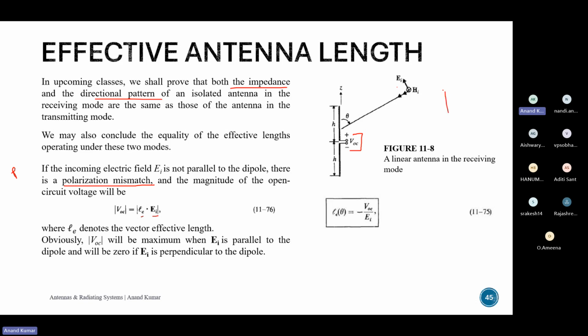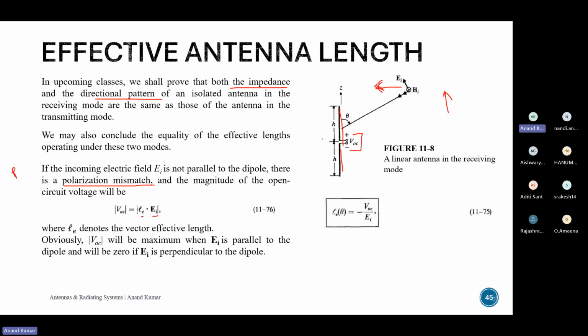If the electric field is oriented like this, the voltage received on this antenna will be maximum. But if the electric field is oriented like this, perpendicular to the antenna, the voltage obtained at the port will be minimum. This is due to a phenomenon called polarization mismatch.